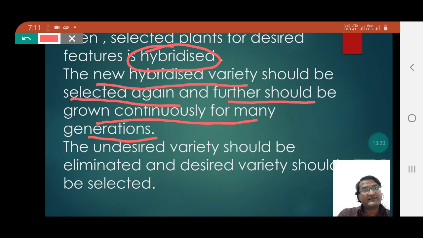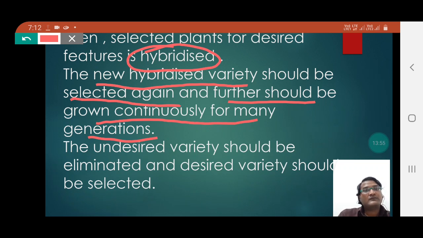Students, here the selected plants which are new hybridized plants are continuously grown for many generations, so that we can obtain the plant which has more desirable features along with higher disease resistance capability.